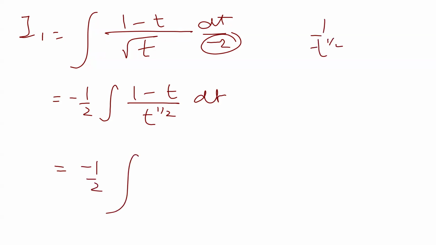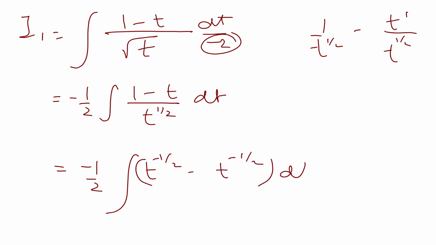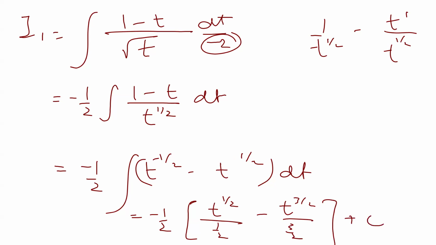So 1 upon t raised to half minus t upon t raised to half. So t raised to minus 1 by 2, 1 minus half is half, dt. Okay, minus half plus 1 is half, upon half. And this is half. Okay, sorry. T raised to 3 by 2 upon 3 by 2 plus c1.